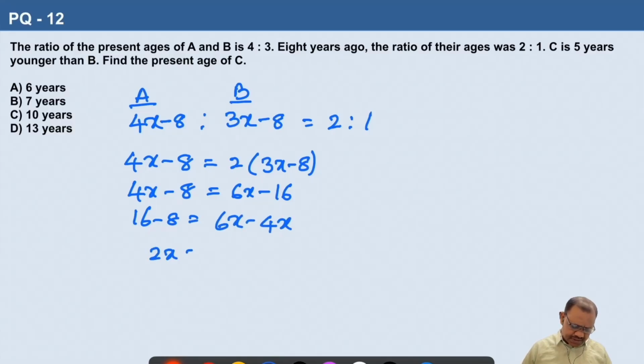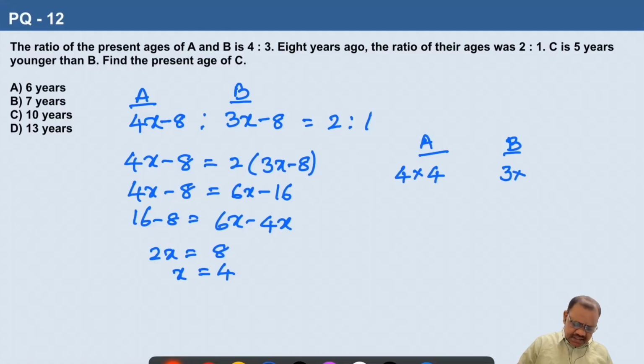So 2x is equal to 8, x is equal to 4. So what are the present ages of A and B? A is 4x, that is 4 into 4. B is 3x, 3 into 4. This is 16, this is 12.